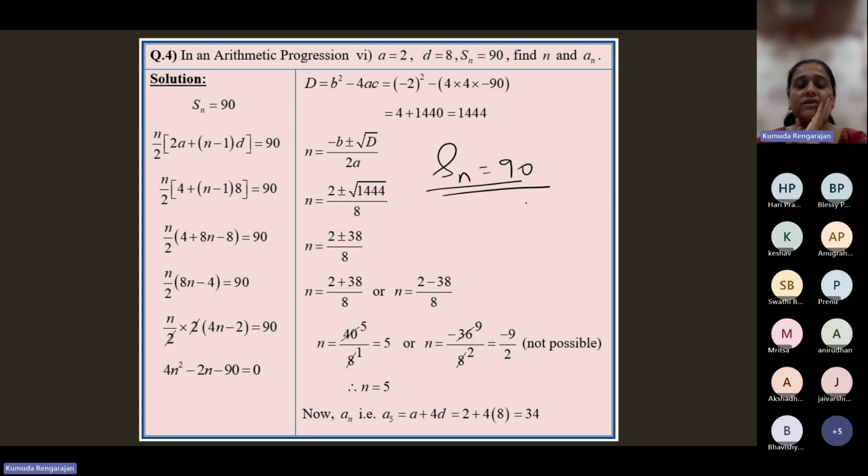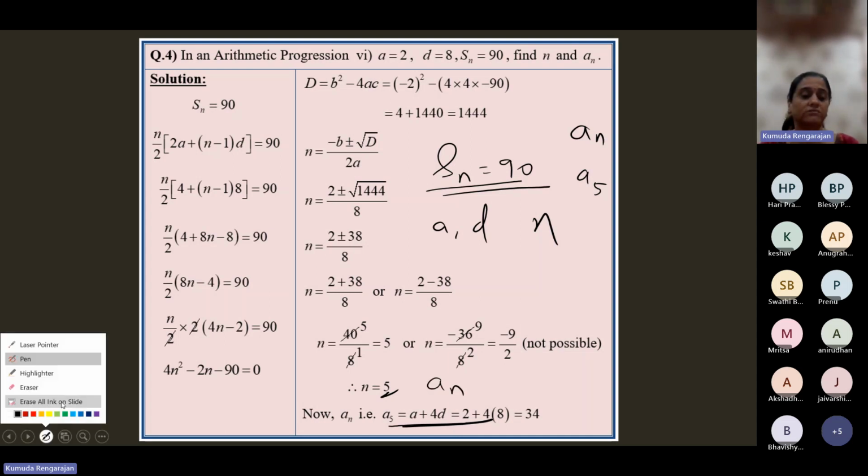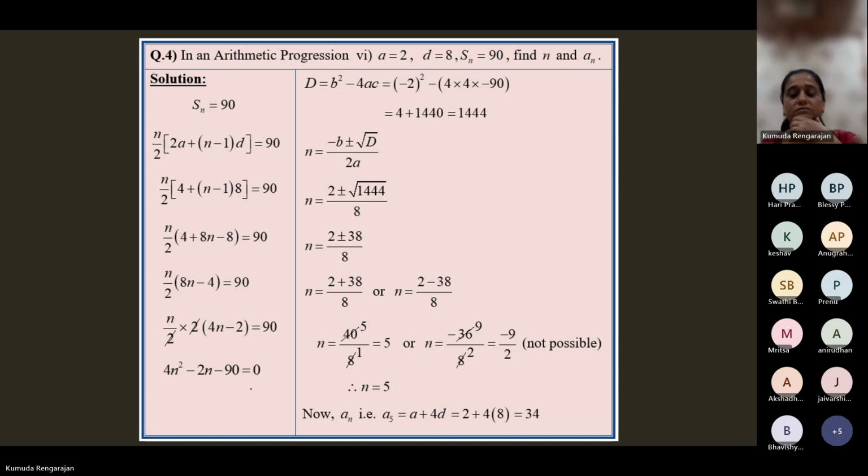Because a and d are known, you can find n. After finding n, we have to find an, but n is 5. So a5 I've worked here, a plus 4d. To be safe, you should also work an. What's an? A plus n minus 1 into d. So a is 2 plus n minus 1 into d, d is 8.